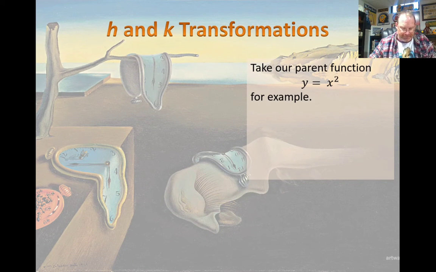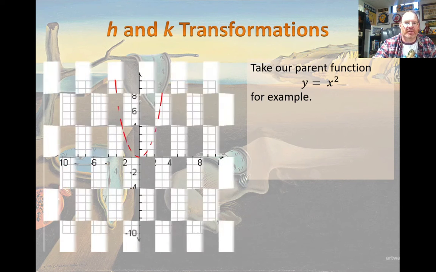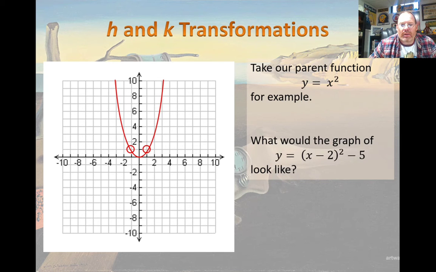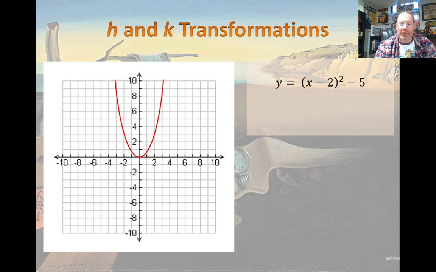Let's say in this example that we have the parent function y equals x squared, which looks like this. And don't forget those 1, 1 points. What will the transformation shown by that equation look like graphically? There's 2 transformations here.